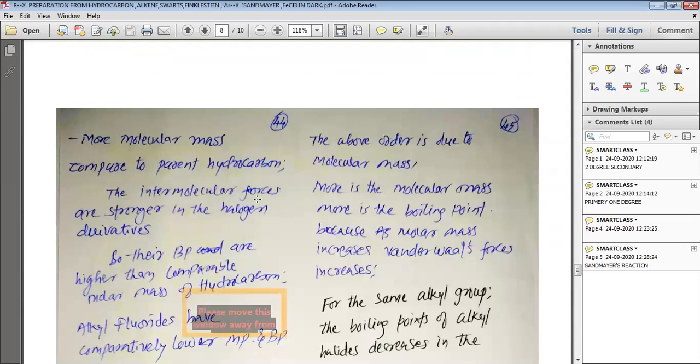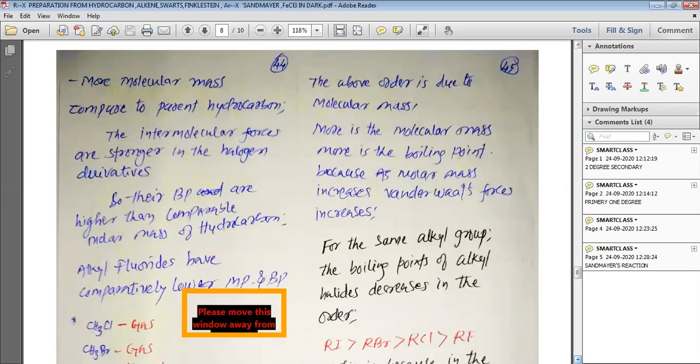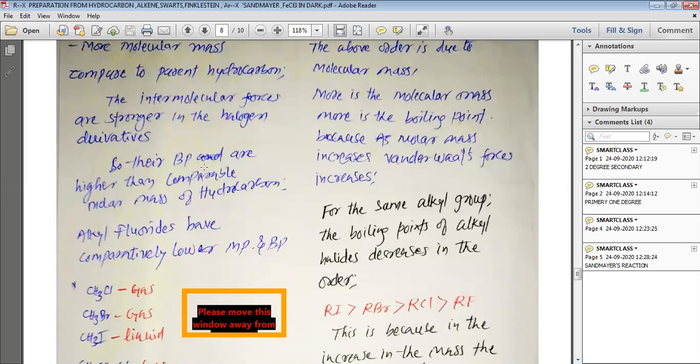The intermolecular forces are stronger in the halogen derivatives, and so the boiling point and melting point are higher than those of hydrocarbons of comparable molecular mass. Sometimes, my dear students, they ask you the question that the boiling points of alkyl halides are comparatively more as compared to the hydrocarbon of a comparable molar mass.